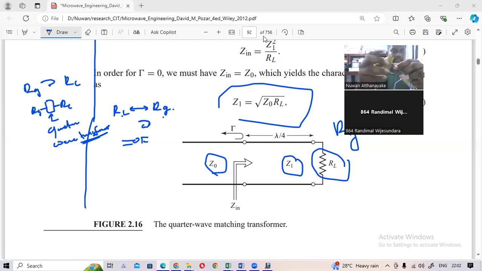And there is another type of connectors. This is a very small coaxial cable. I will show you. Maybe you can see here, this oscilloscope.